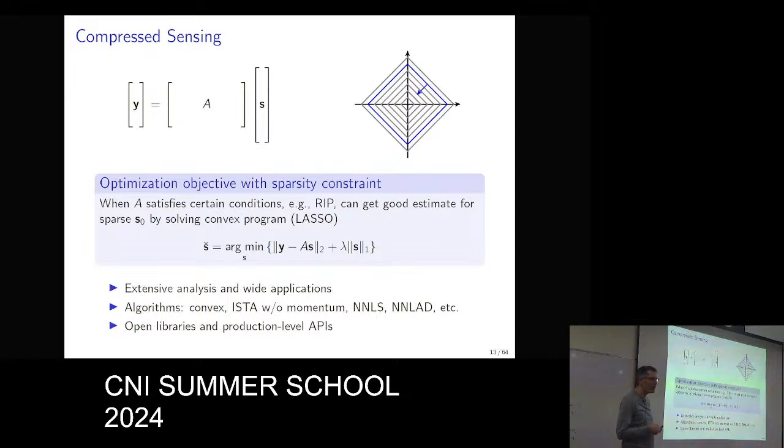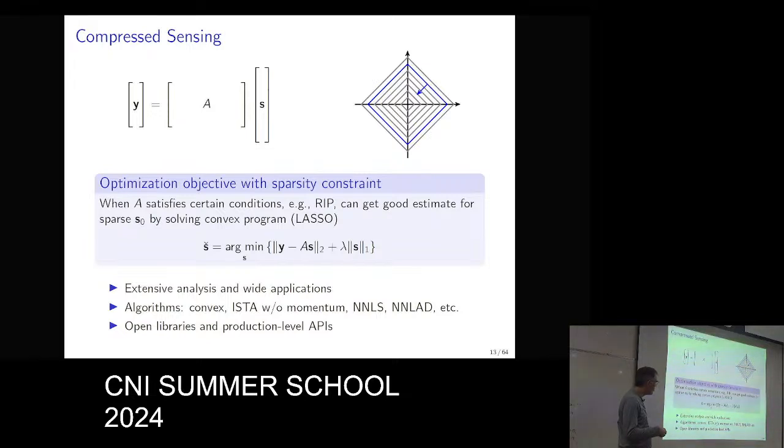This is a very well-studied problem, not only in the past, but up until recently in some aspects of the problem. So once you do the lasso, once you regularize with the L1 norm, this problem is convex. It's going to be well-behaved.